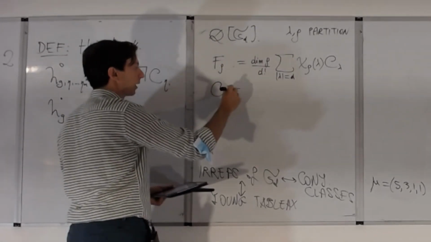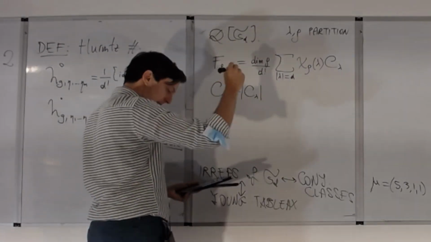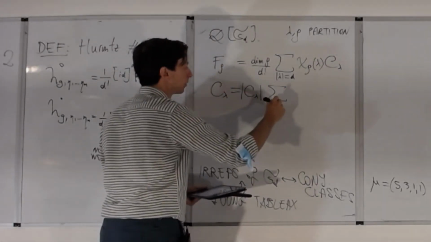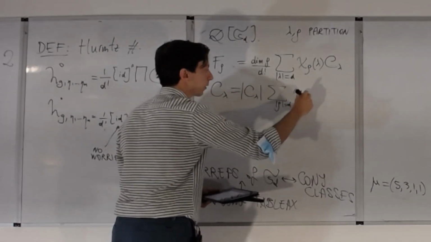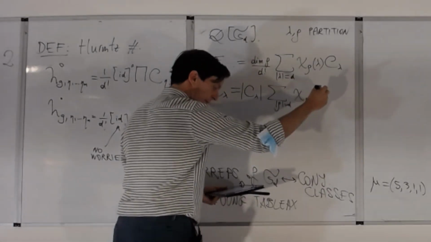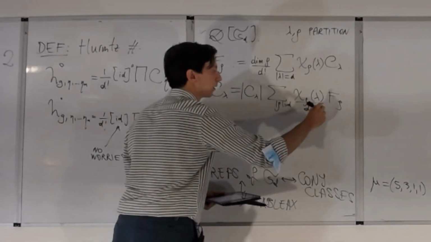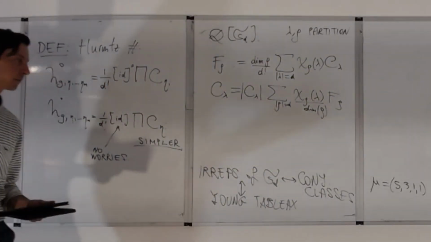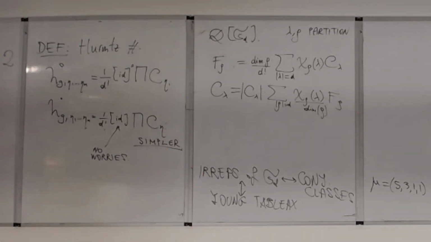Now C lambda turns out to be the cardinality of C lambda times the sum over rho, partitions of d, of the character chi rho evaluated at lambda, times F rho, over the dimension of rho. So I'm just doing a change of basis.